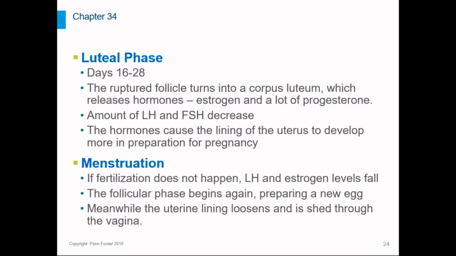If fertilization does not happen, after the 28 days, the cycle begins back into the follicular phase, and at the same time, menstruation is happening. This means the LH and the estrogen levels fall, and the uterine lining loosens and is shed through the vagina, which is commonly called a period.